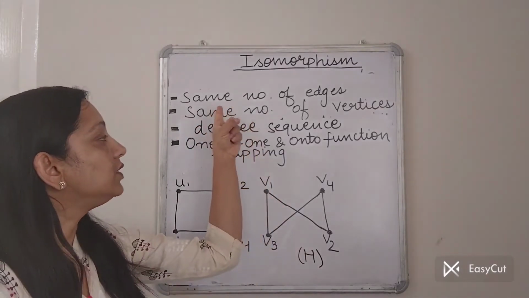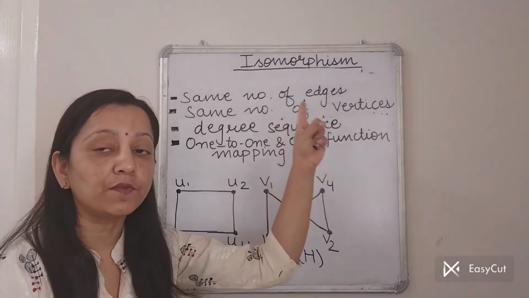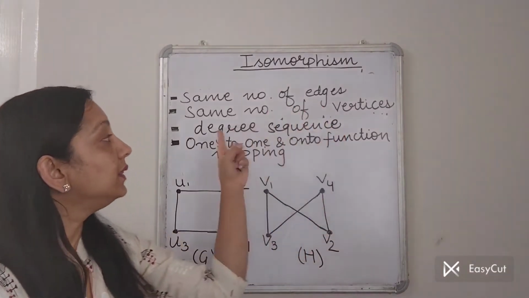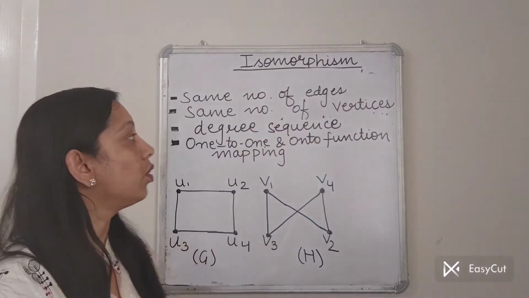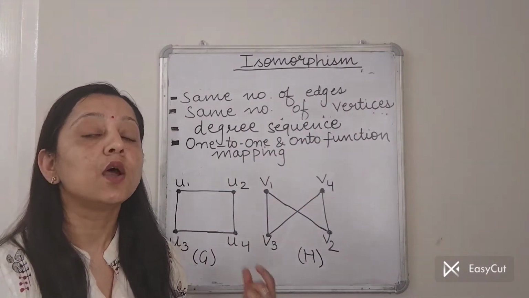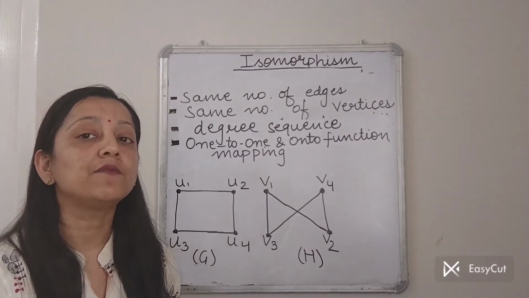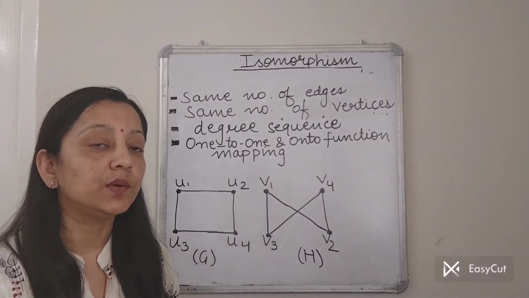First of all, I will check whether both these graphs have the same number of edges or not. Then I will see if they have the same number of vertices or not. Then I will check the degree sequence. That is, both the graphs should have an equal number of vertices with the same degree.